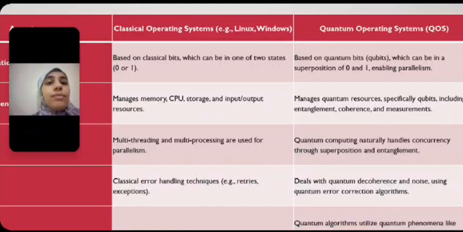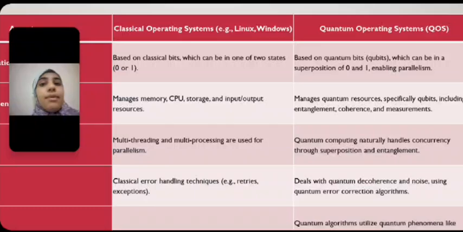The classical is based on classical bits, which can be in one of two states, zero or one. In normal computers, as we know and learn, binary bits like zeros and ones. It's the normal thing that you can find in any computer.